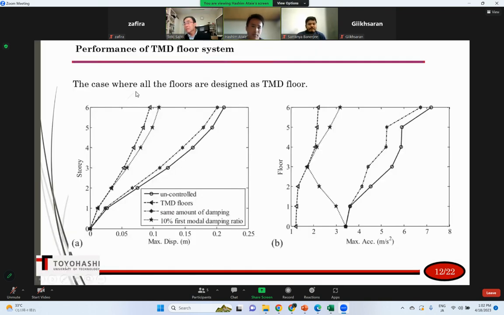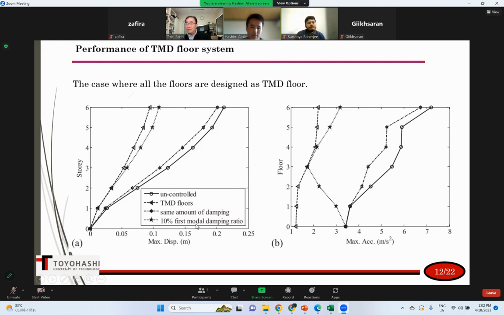They studied two numerical cases. One is that all floors are designed as TMD floors. For the case of uncontrolled TMD floors attached, it means that all floors are considered a TMD floor system, and the same amount of damping. Maybe they didn't present so much detail, but it means that a conventional TMD is installed at all floors.